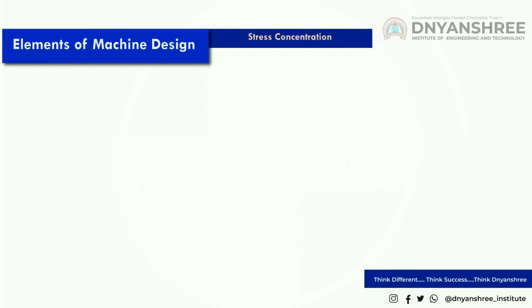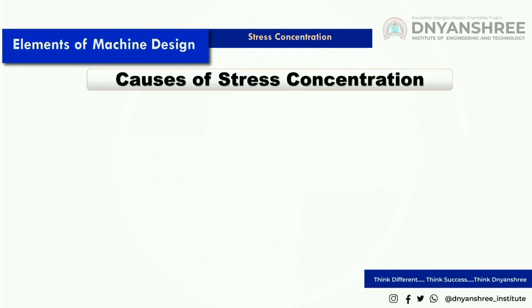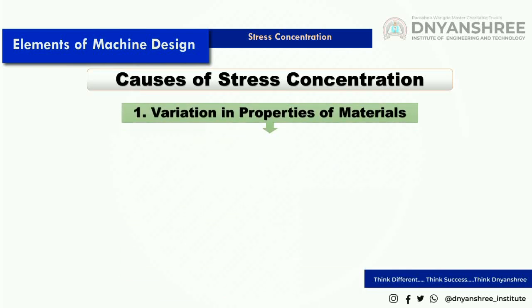Now, what are the various causes of stress concentration? Let us see one by one. One is variation in properties of materials. This is one of the major causes. Take any material or any component; you cannot see the properties are the same at every point of the material.